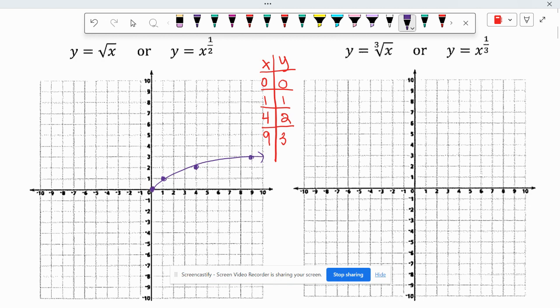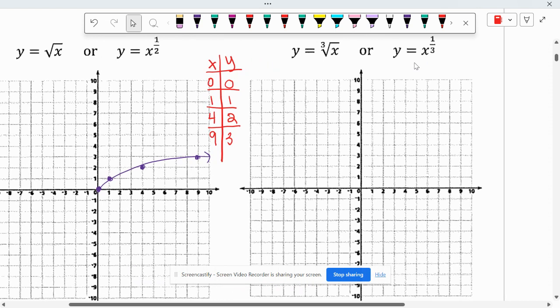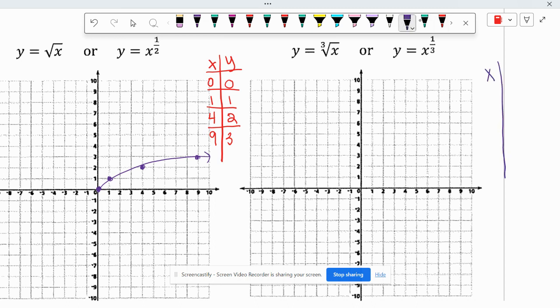So now let's try to do the cube root function. And again, if we're going to use the cube root function, we should only pick numbers that are perfect cubes, right? So let's think of some perfect cubes. Well, 0 times 0 times 0 is 0. What's the cube root of 1? 1.